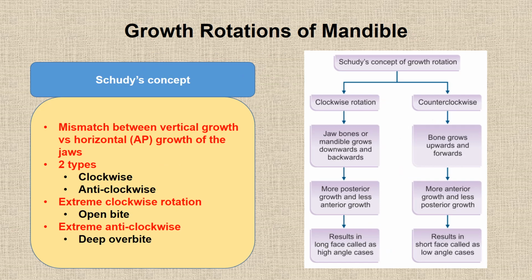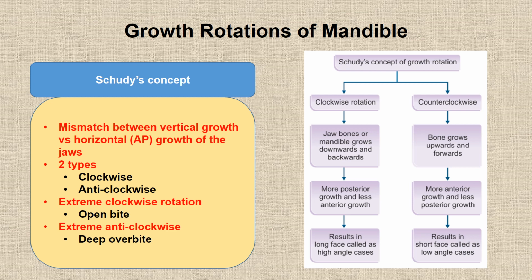Now, Schudy's concept of growth rotations is that he held the belief that the growth rotation arises because of a mismatch between the vertical growth as compared to the horizontal growth of the jaws. There are two types, either a clockwise rotation or an anti-clockwise rotation.